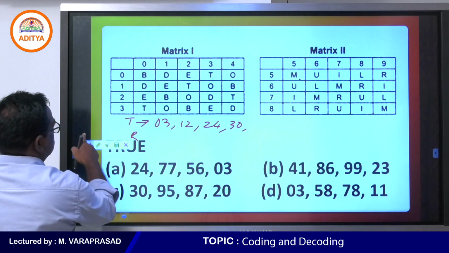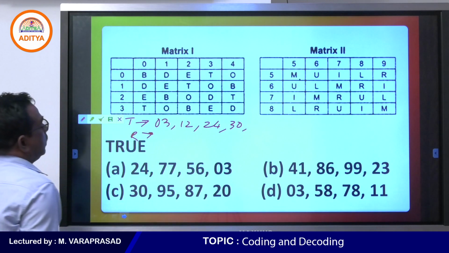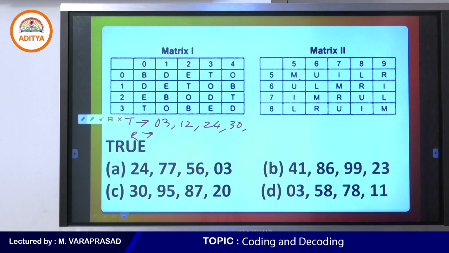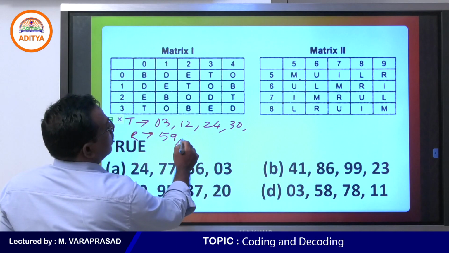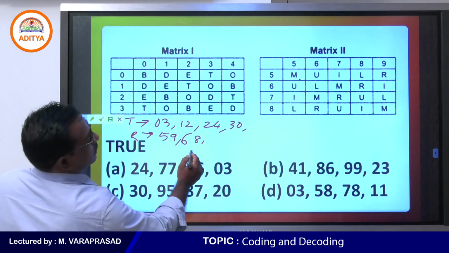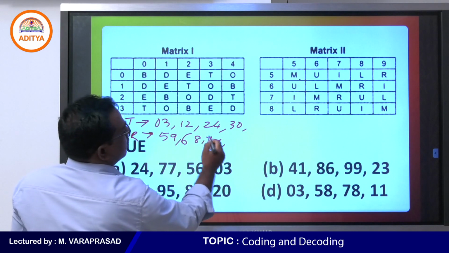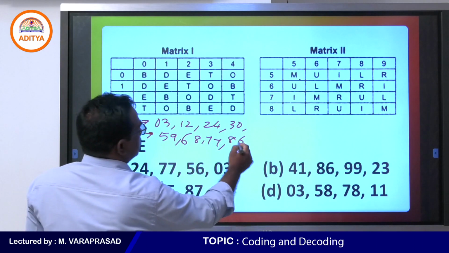Next one, R. R can be written in how many ways? R is 59, 68, 77, 86.